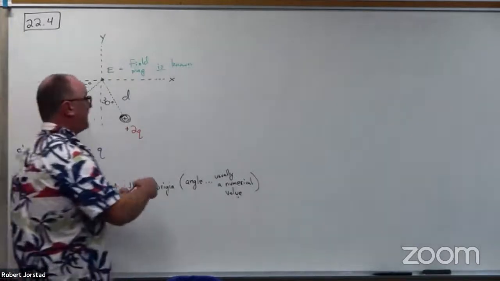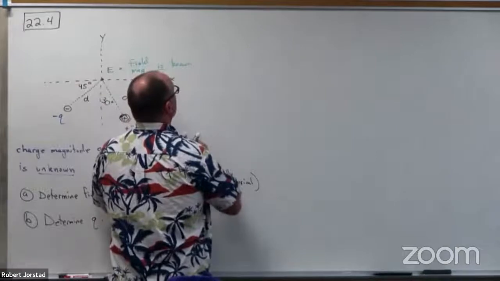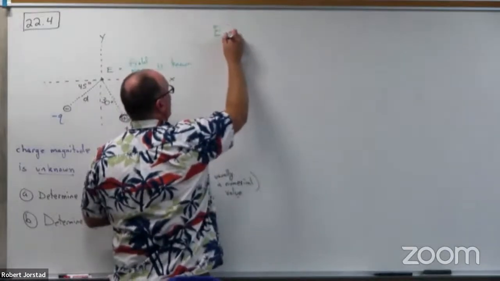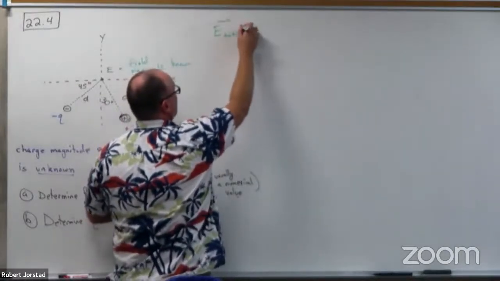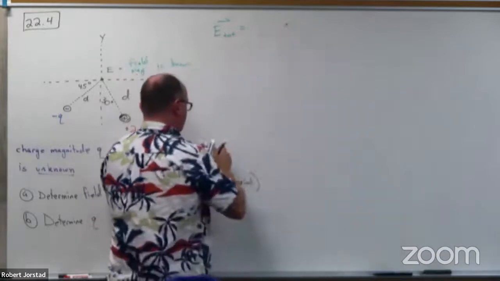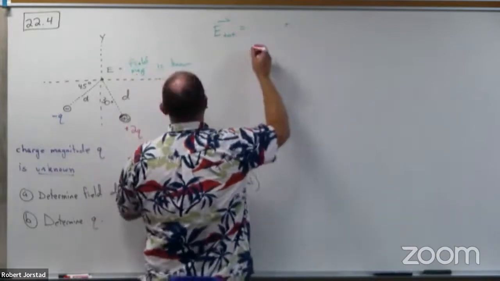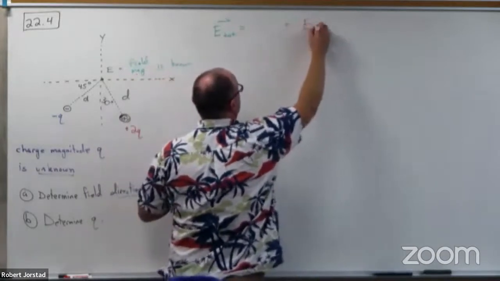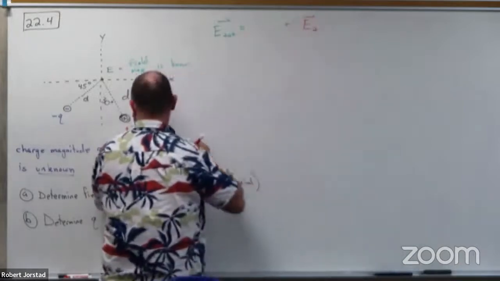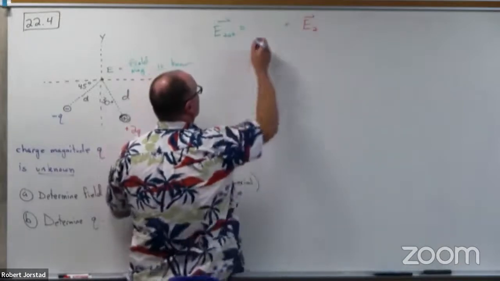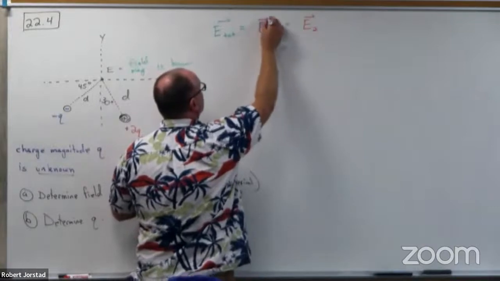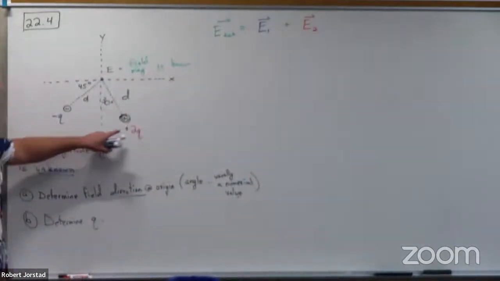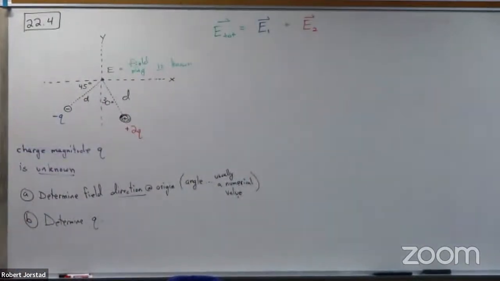Namely, we're going to say E total vector is equal to the sum of the two parts. In this case, 2 is the red one, and 1 is the blue one, because 1 was negative and 2 was positive here.